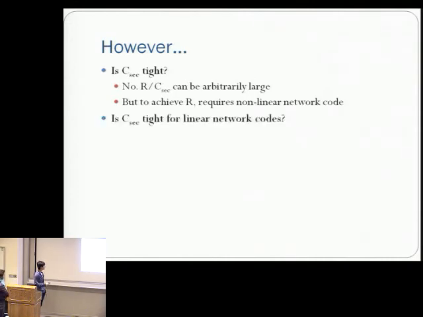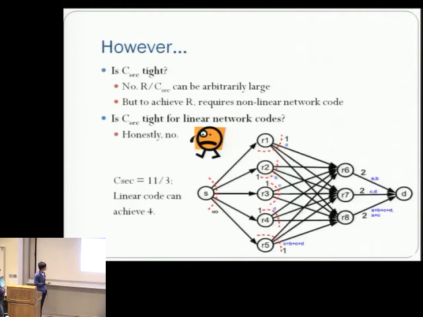And so the next question is whether this CSEC is tight for linear network codes. And sadly, the answer is no. So we have this example that Rachi came up with, in which the solution to the linear optimization problem is 11 by 3.